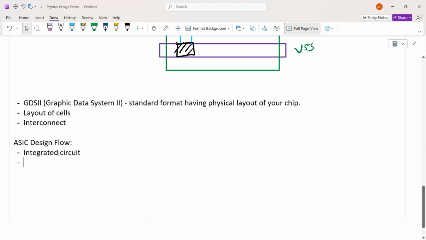Thousands, lakhs of these transistors present on one silicon wafer is nothing but your IC, integrated circuit, right? And only a single die has it nowadays. If memory is required in an ASIC, that is also present in that single die, right?